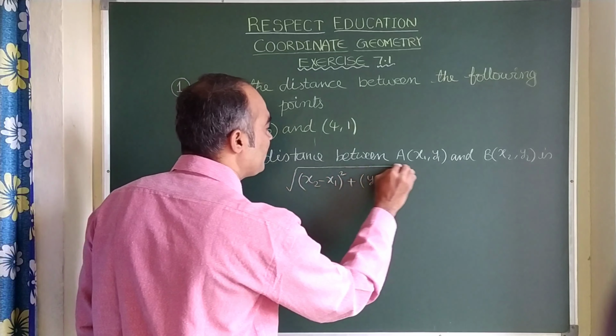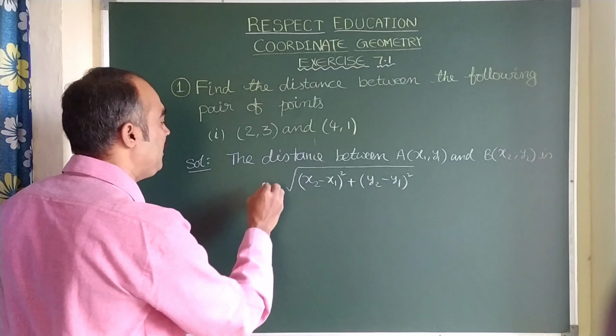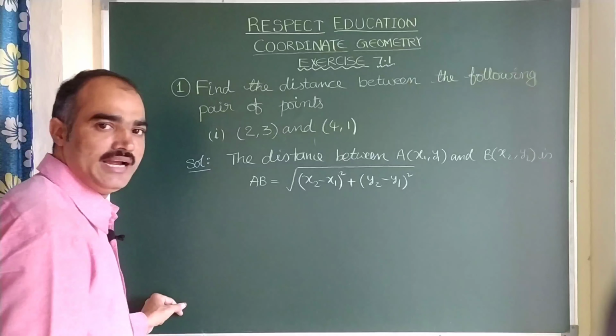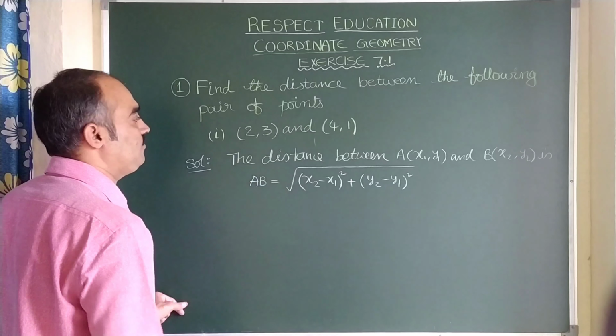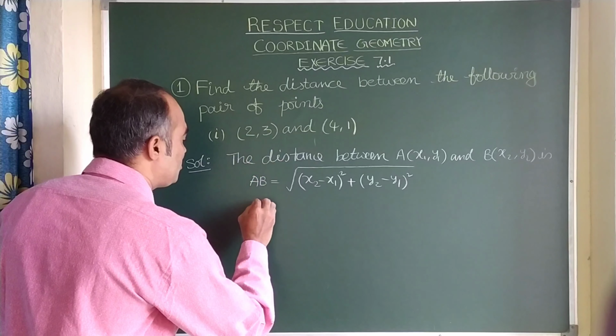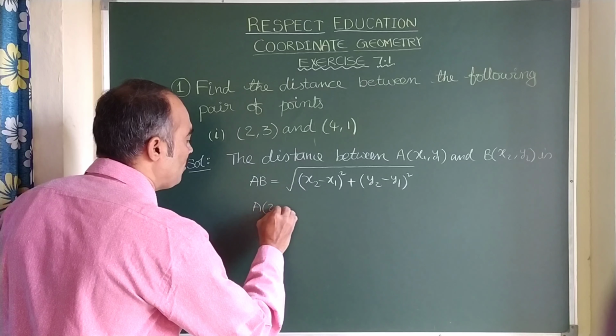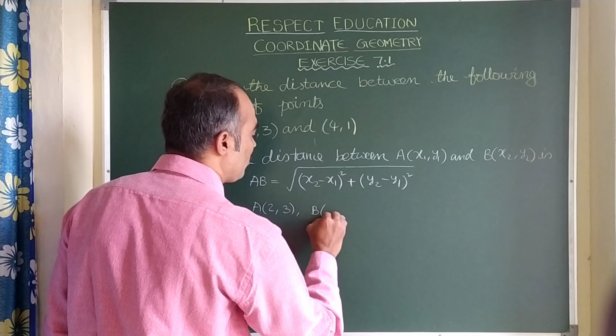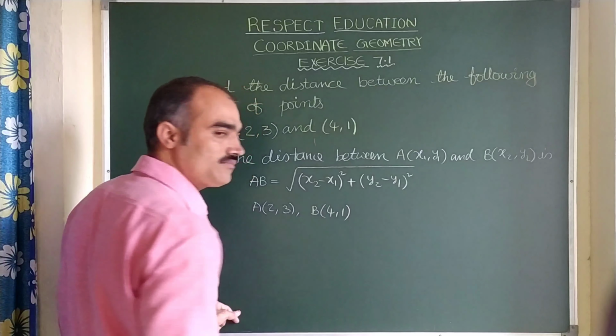This is denoted by AB. AB in the sense distance between the points A and B. This is the formula. Here let us take the first point as A. Here A (2, 3) is the first point. B (4, 1) is the second point.